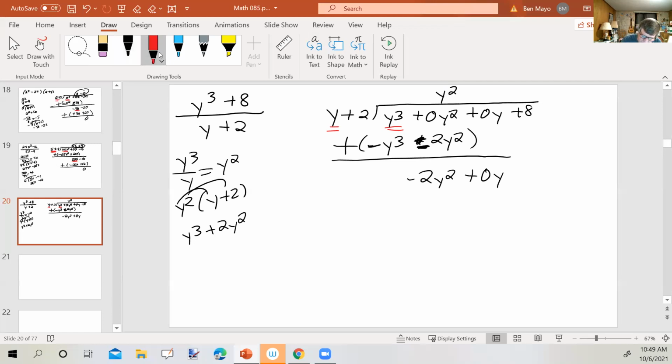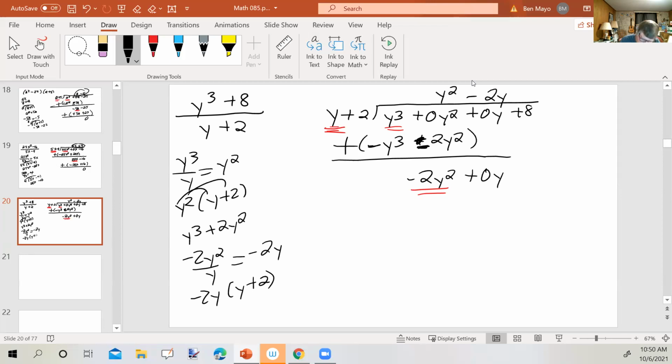Start the process over. Divide the leading term inside by the leading term outside. Negative 2y squared divided by y is negative 2y. So minus 2y goes there. Then we take negative 2y times y plus 2. We get negative 2y squared minus 4y, which goes up here.